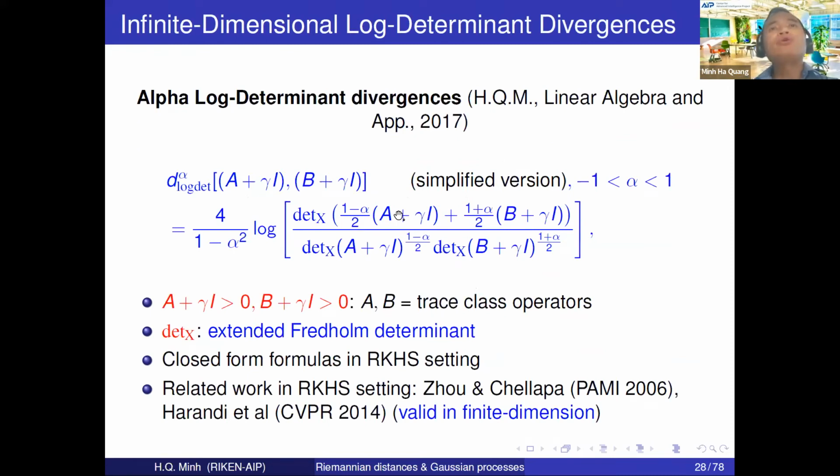And if we do this, then we can also have closed-form formulas in the RKHS setting. There is also related work in the finite dimensional setting, where some people have done work using these divergences. Now, does it make any sense to do this, with all this extended trace and so on?